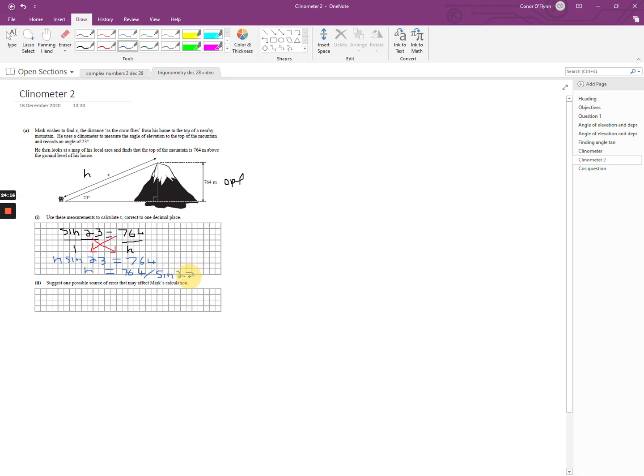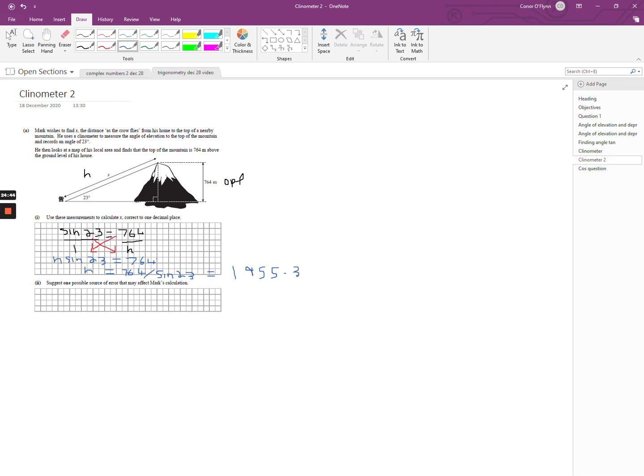Okay, so we worked that out in the calculator. Divided by sine 23. So to one decimal place, 1955.3. Okay, so that'll be the hypotenuse.